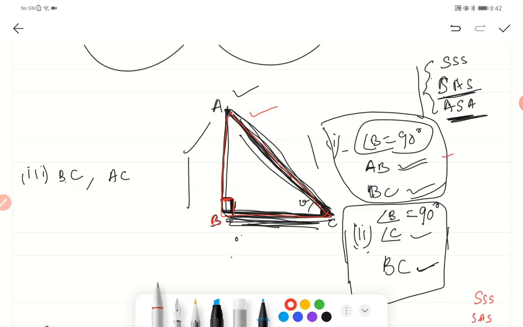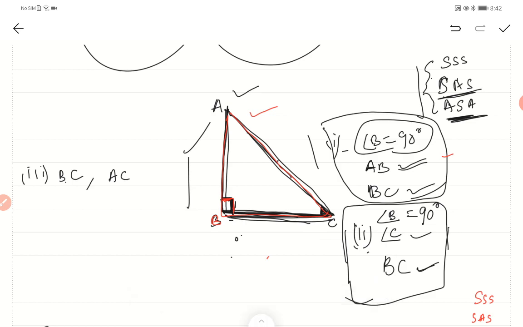The first rule: if you know side AB and side BC and this angle, it becomes SAS, two sides and the included angle. The next rule: you have angle B as 90 degrees, and if angle C is known, and side BC, then with these three measurements known, we can find the congruent triangle for this right angle triangle.